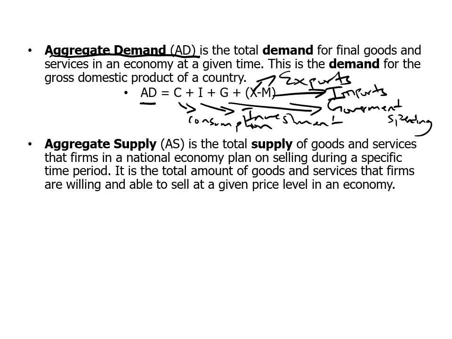Okay, so total supply of goods and services as opposed to total demand. So aggregate supply is total supply of goods and services in the economy. Aggregate demand is total demand for goods and services. So remember our microeconomics, demand and supply. Here we go again.